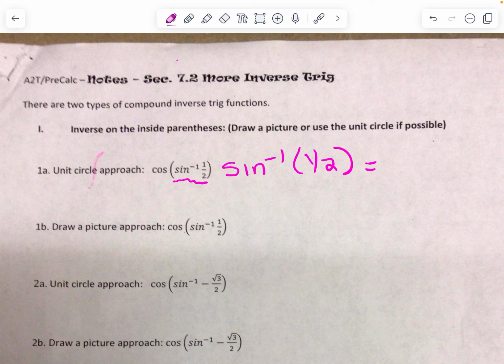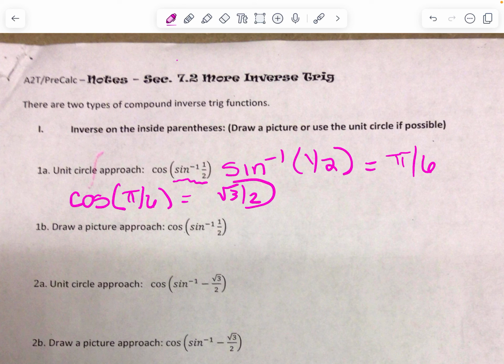And that answer is, sine inverse of 1/2 is pi over 6. And then that inner parentheses becomes pi over 6. So now the question is, what's the cosine of pi over 6? And the cosine of pi over 6 is √3/2. So if you're good at your unit circle, that is the quickest way to do that problem.